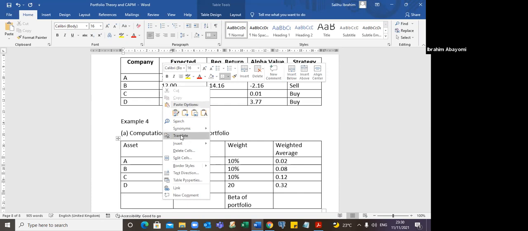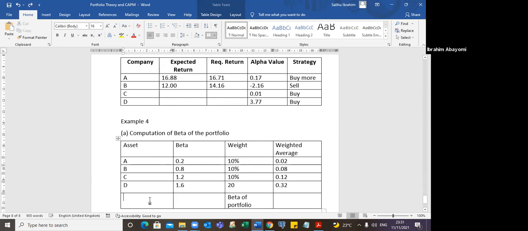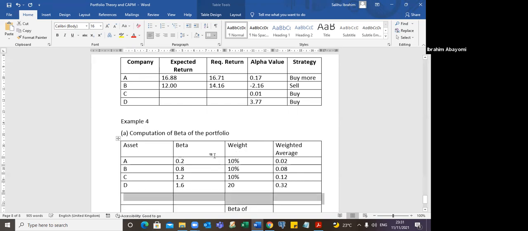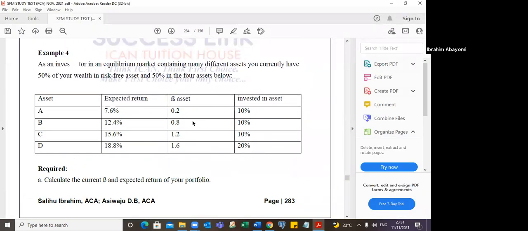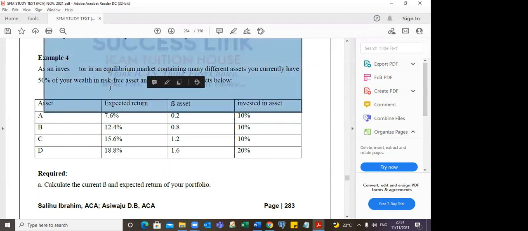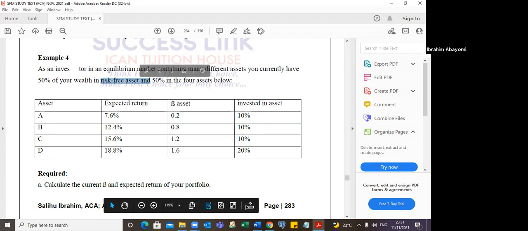Sorry. You know, the investment, we have one that is in risk-free. This 50% now. You know, we have one that is 50%. Abi? The 50% is in which asset? The risk-free asset. So you have to consider that as well.